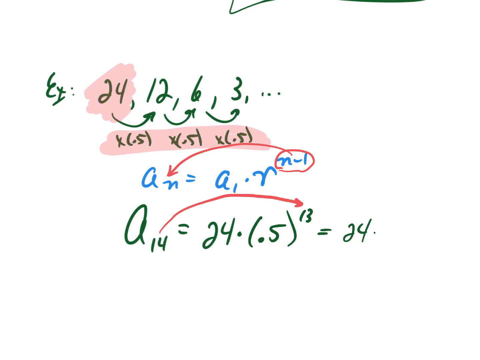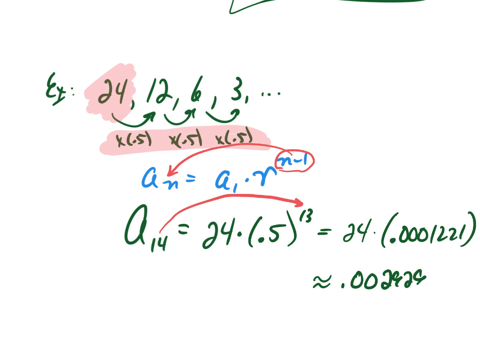So 0.5 raised to the 13th power is, I'm going to use parentheses so you guys can see the decimal point, 0.000122 rounded off. And then when we multiply that by 24, we get approximately, we're doing a little bit of rounding here, but we get approximately 0.002929.